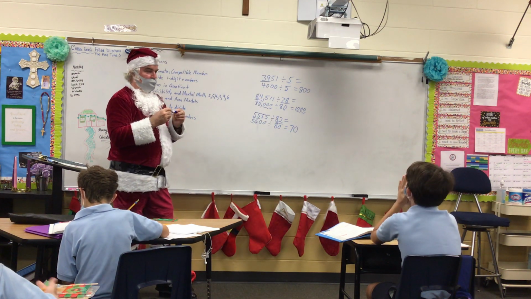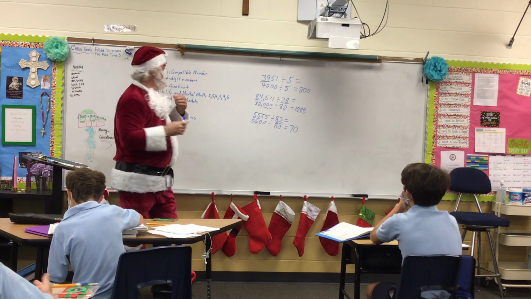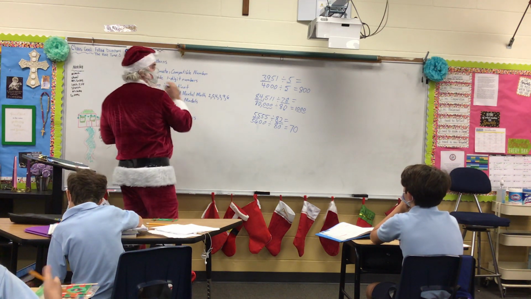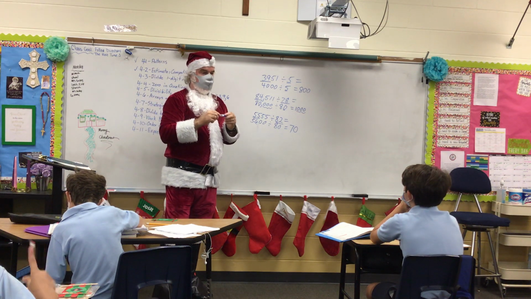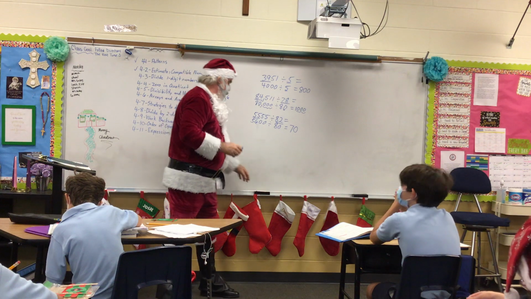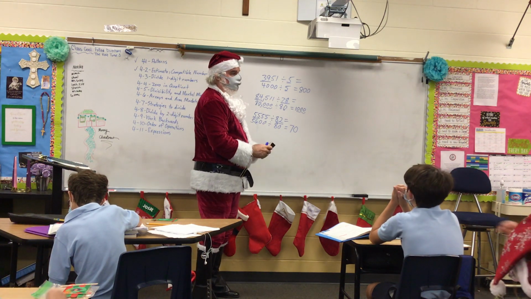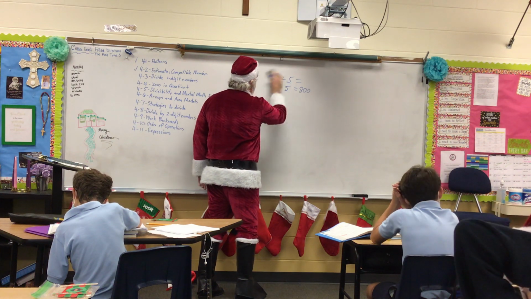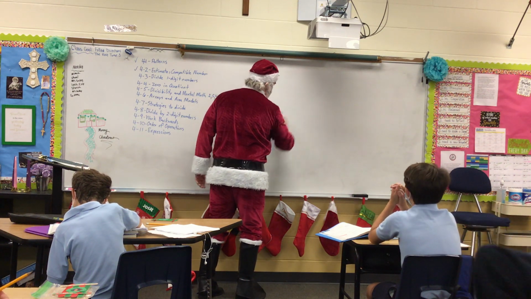Any questions over compatible numbers and estimating? Am I getting the exact answer? No. If I see the exact answer, it's wrong, because they're going to ask you about estimating. So please pay attention to the words.